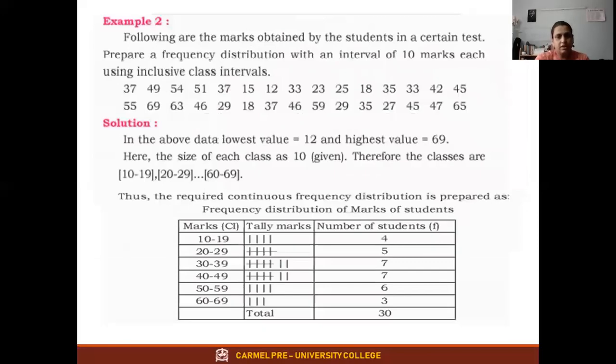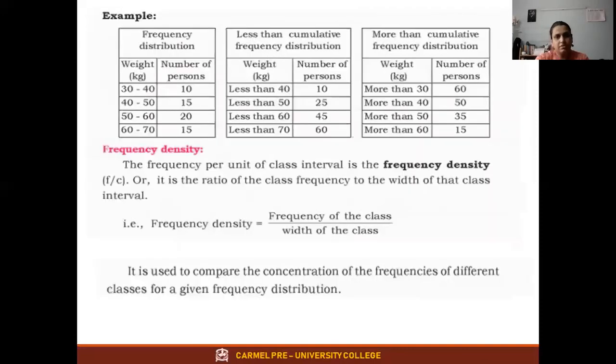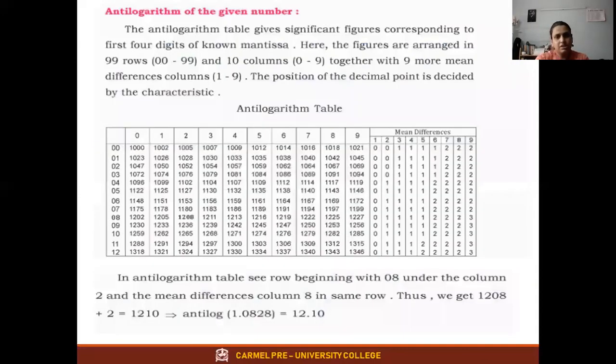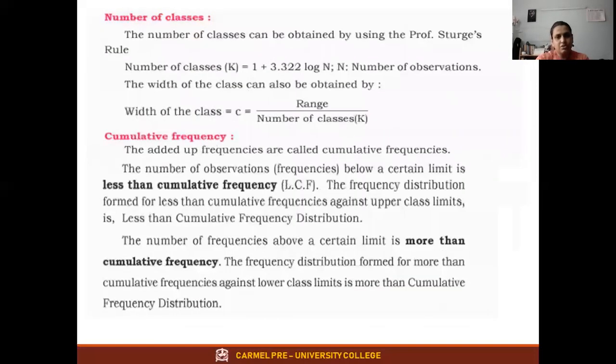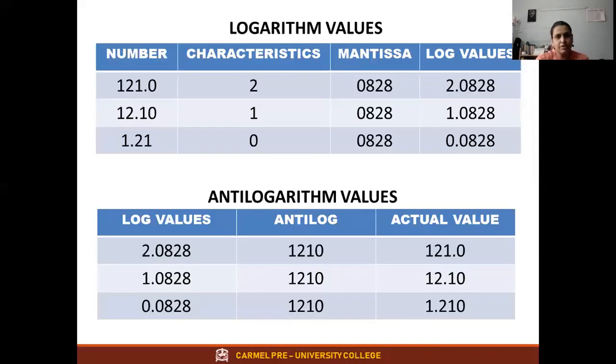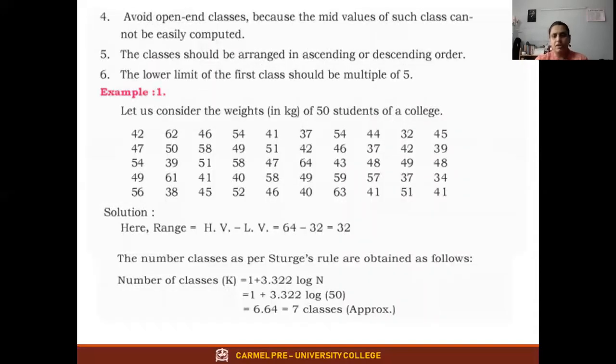I think I don't have the log table for 50 here. Okay, I will send it to you in the WhatsApp group, because if you don't have the textbook, you will not have the log value. Okay, log 50. You can take down log 50. I have the textbook here.